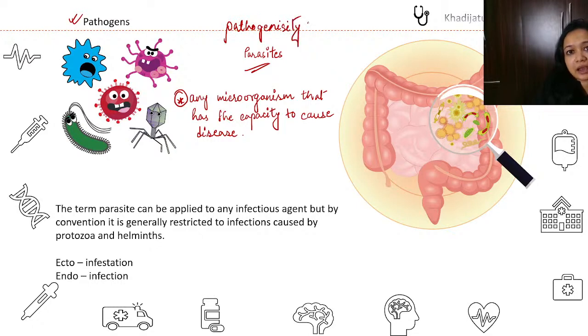What is that now? It's so confusing. Well, first let's talk about what pathogens are. Simple. Any microorganism that has the capacity to cause disease is called a pathogen, and they cause pathogenicity.